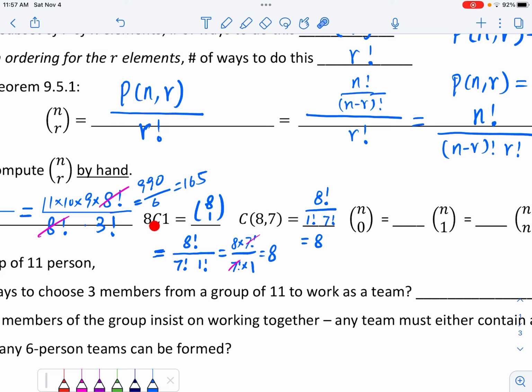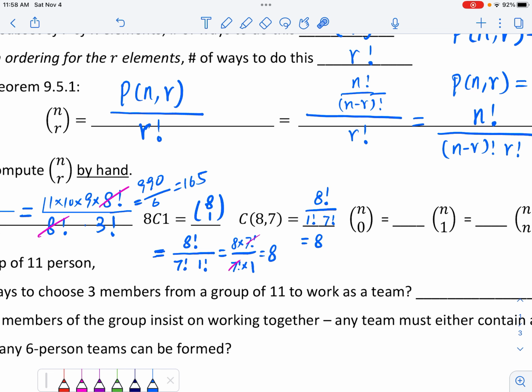If you want to find a person to do a presentation out of the 8 people, you have 8 ways to choose one person. And 8 choose 7, you can think of this as choosing 7 people from the group of 8 people, and these 7 people are not the ones to do the presentation. The remaining one will be doing the presentation. So therefore they are actually the same thing.